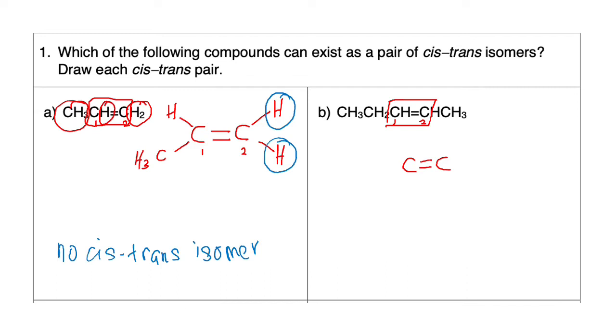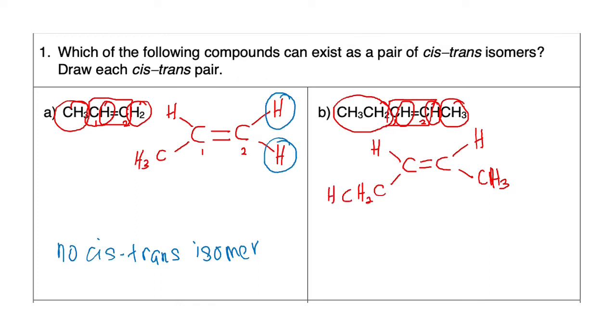C2, it has one hydrogen, which is this one, and attached with another methyl. And for C1, we have one hydrogen and one ethyl. Okay, one ethyl. So H and CH2, CH3.